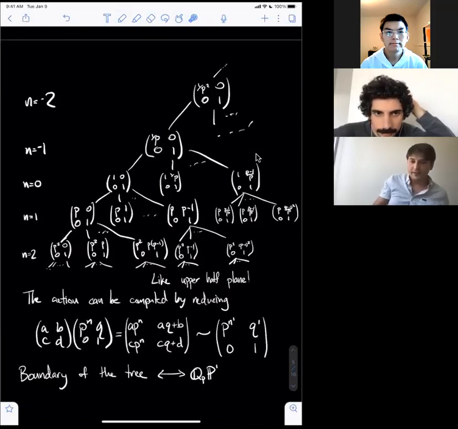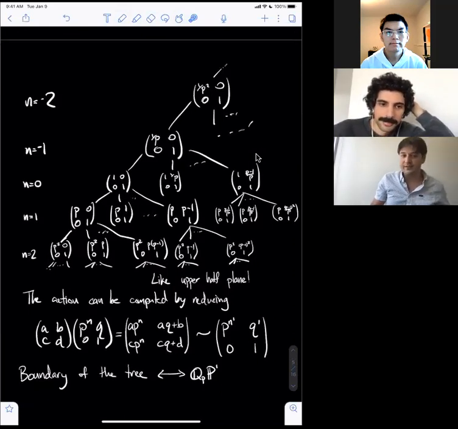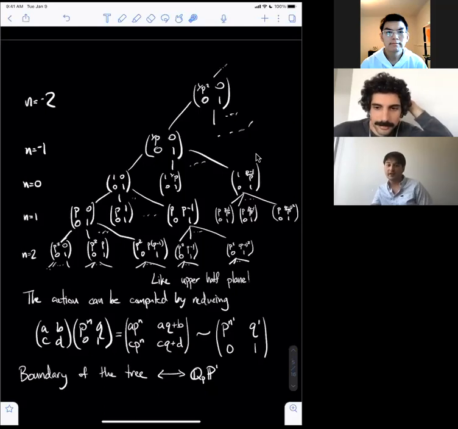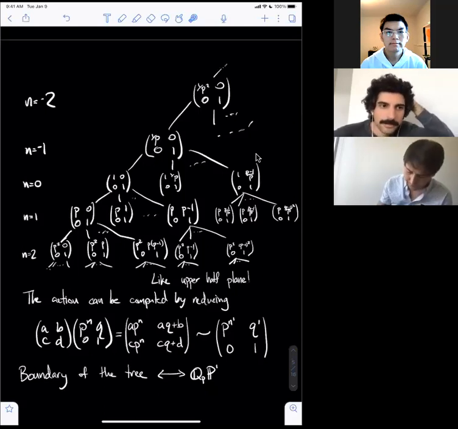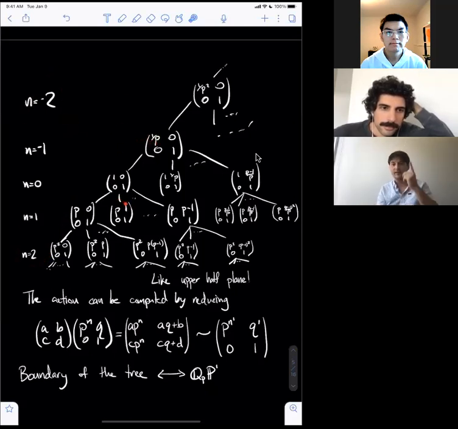So, really what I'd like to do is kind of highlight the analogy of these coordinates with the coordinates of the upper half plane. And so this n piece, right, that is your p to the n, that's like the imaginary part of a point in the upper half plane.